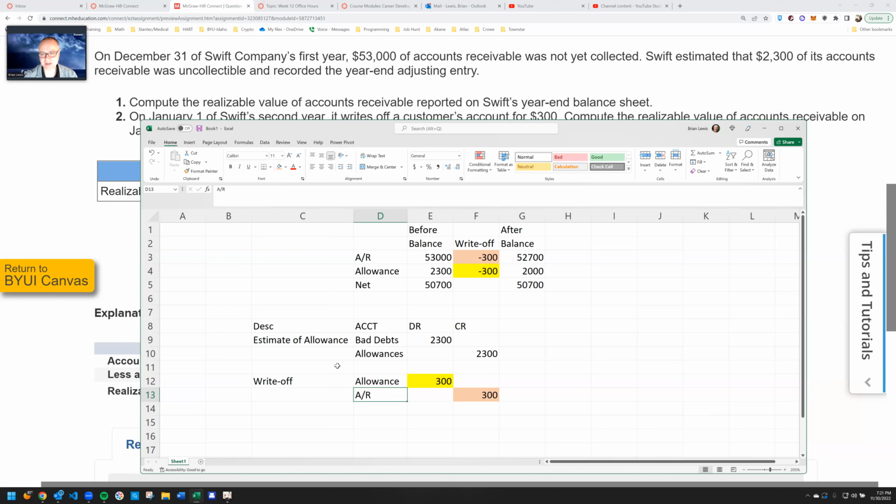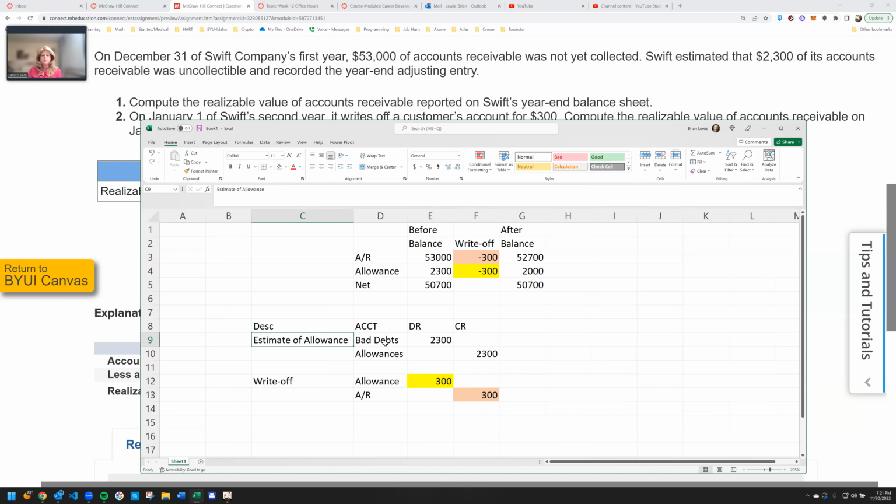So that when they actually do the write-offs, they're just going between the accounts and not directly to the income statement. So the income statement is just all estimated values, and the balance sheet ends up being all your actuals. The other way is just to do a direct write-off. Whenever it happens, you just go directly to the income statement and you ignore the allowance account. So anytime there's an allowance account, you know that they're using the allowance method.